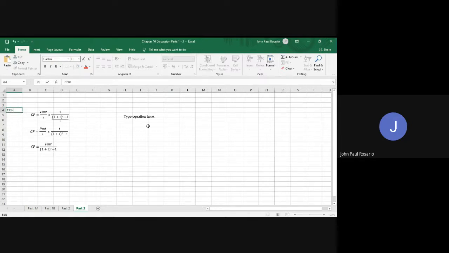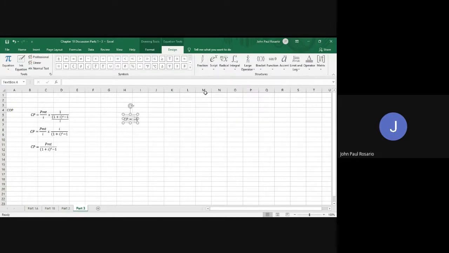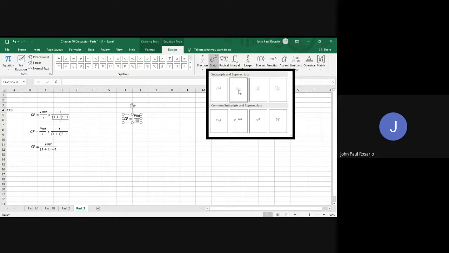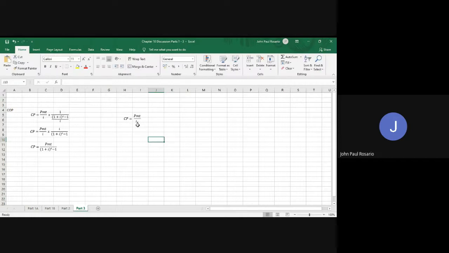So this one, CP is equal to payment over IE. So this will be my formula.